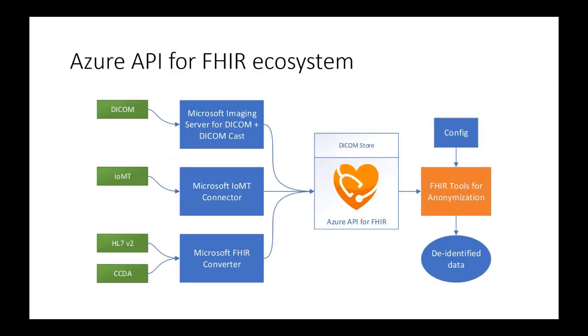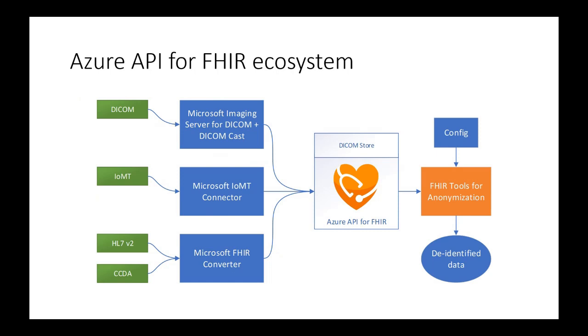From the Microsoft side, we have a rich ecosystem around FHIR. In the center, we have Azure API for FHIR that allows you to not only store the FHIR data, but also access it using the FHIR API. We also have a DICOM server, which can take DICOM data, and a technology called DICOM cast that we have built, which can take metadata from DICOM and load it to Azure API for FHIR.